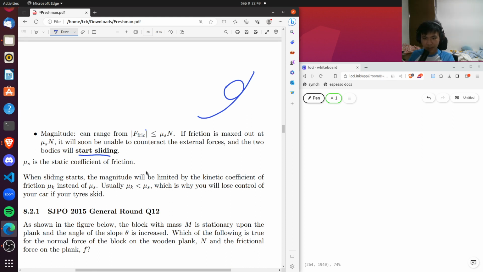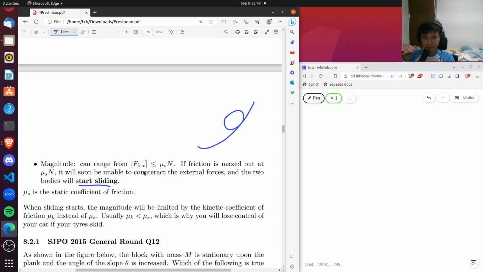Something small to take note of is that the magnitude of friction before they start sliding is mu s. This is known as mu static. The mu is the coefficient of friction, and n is the normal contact force. So if your two objects are pushed together very hard, then naturally you expect that the maximum friction is increased.